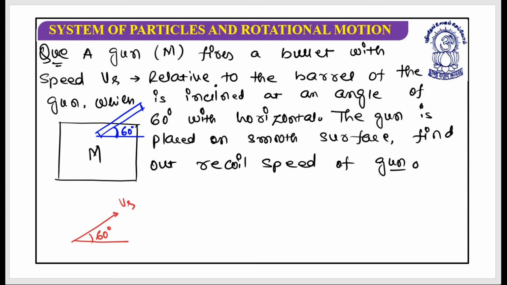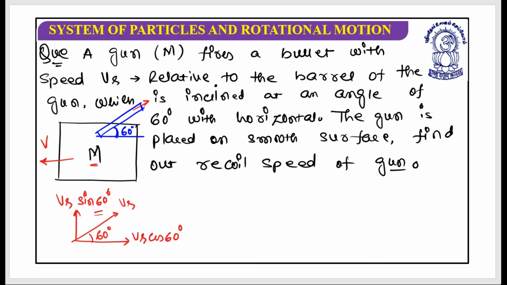When the bullet is fired like this, the barrel is going to be displaced like this, and let's say it has been displaced by this V. So if I make a component of this, it's VR cos 60, and this is VR sin 60. Is it clear?